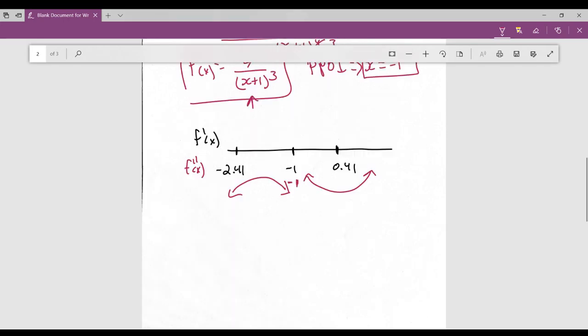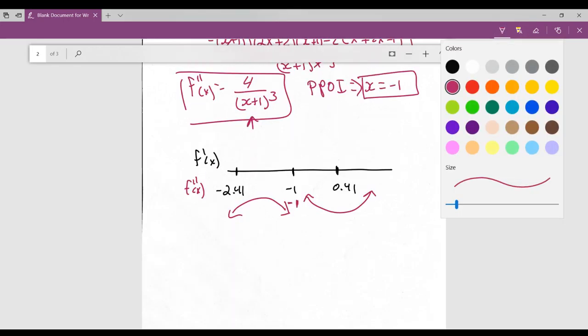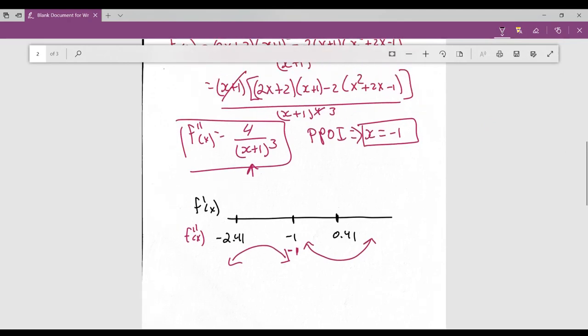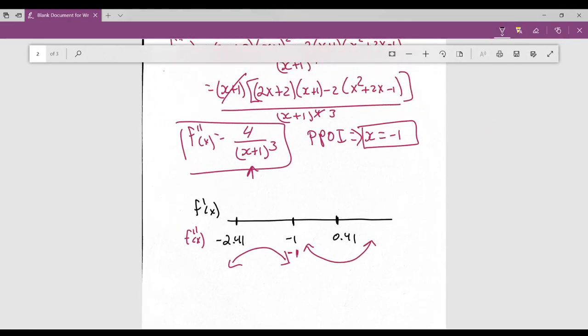So we test the first derivative. All right, and we test the intervals. So any number smaller than negative 2.41, put into the first derivative, you will see you get a positive, so it's increasing. Any number between these two, -2 would be fine. You would see it's decreasing because it's negative.